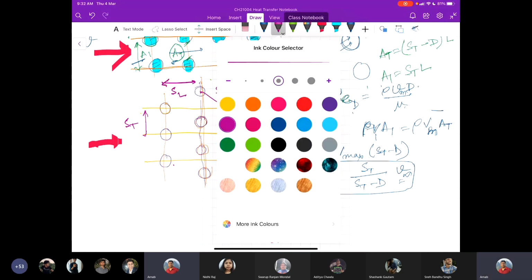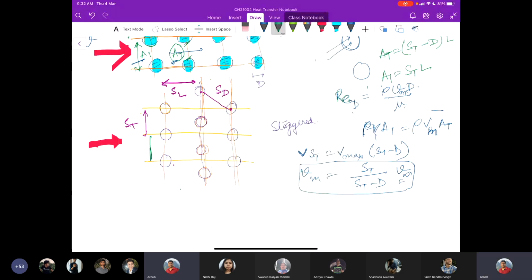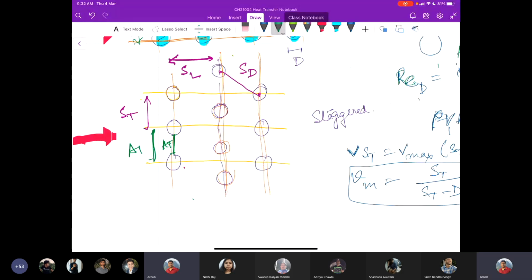So here, similar to our inline arrangement, this initial area that is available is A1, this space is AT, and then this diagonal area that is available is AD.